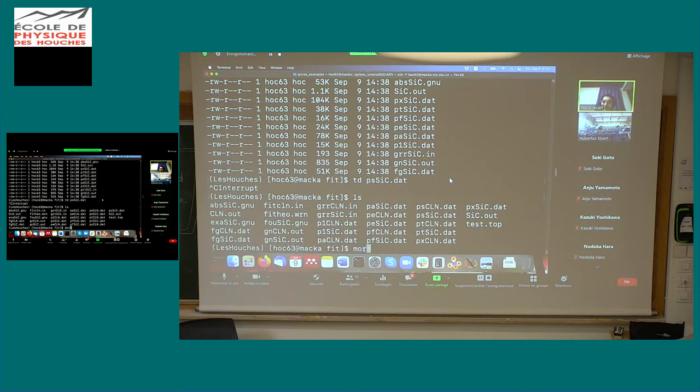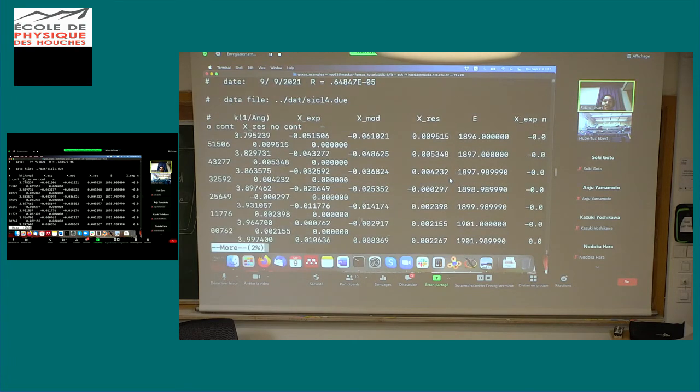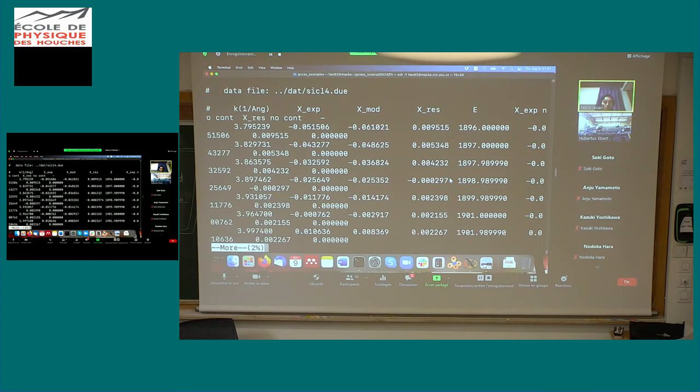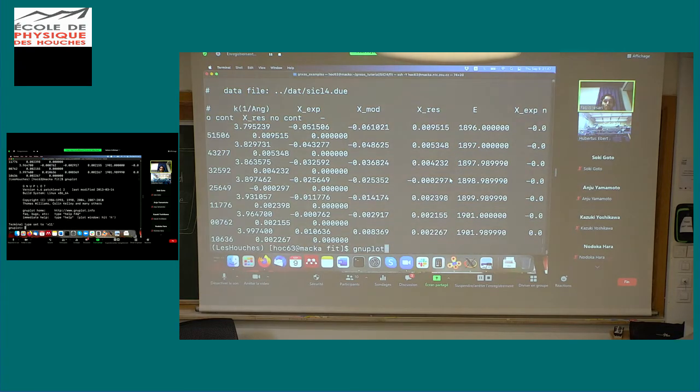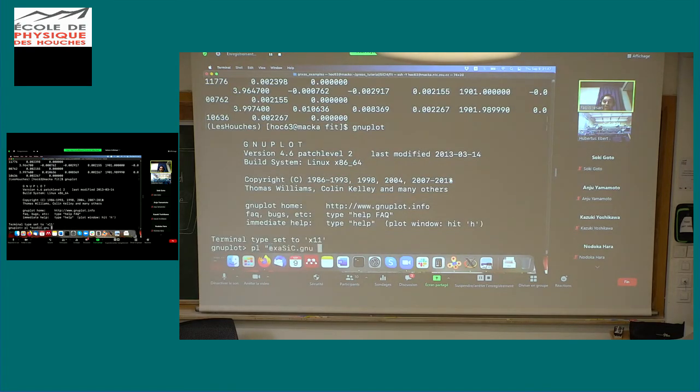Then, as I said, there is the .new file. If you look inside, it's just a multi-column file. So we have K, experimental data, the model, and the residual. So we can plot it with newplot, for example. So X is for the X-axis.